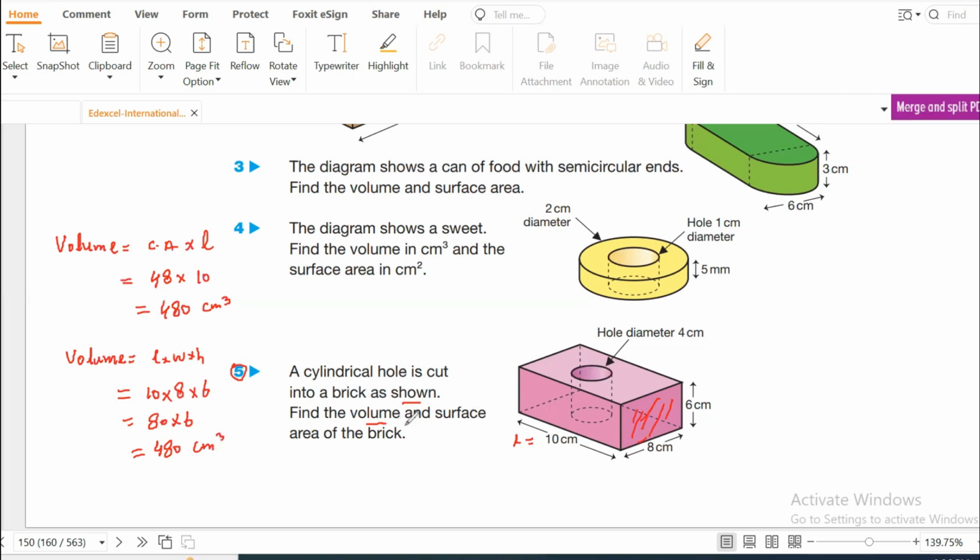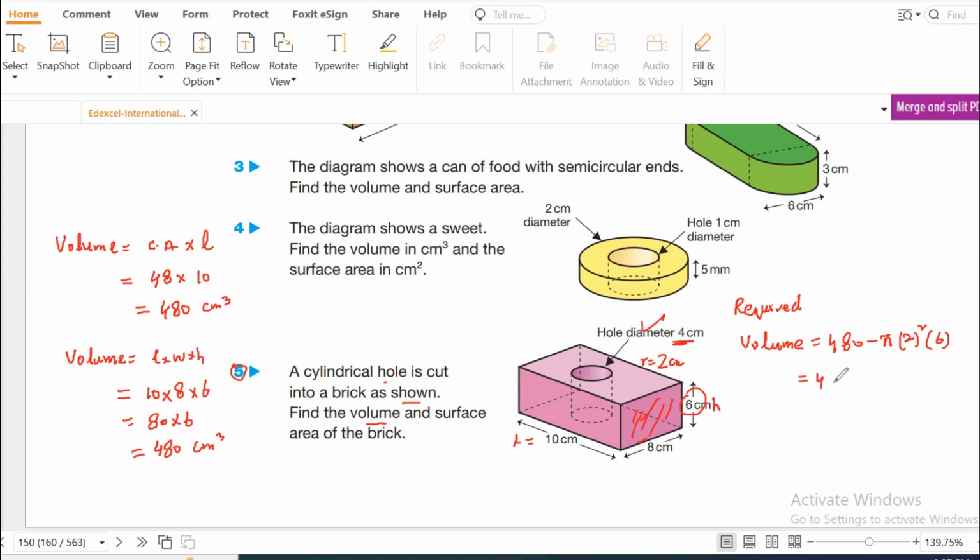But this is not our last answer, because that piece was cut out. The hole is cut into a brick, and that hole is cylindrical in shape. So what is the required volume? Total volume is 480 minus pi r square h, that is the cylinder. Now what is r? They already mentioned the diameter is 4, so half of 4 is 2 centimeter, so the radius is 2, 2 whole square, h is height, height is 6.